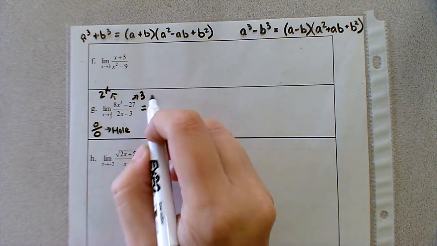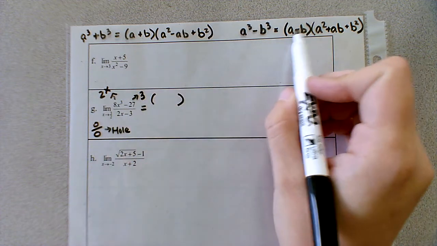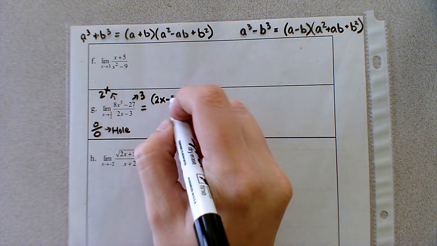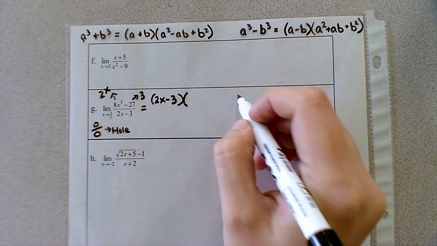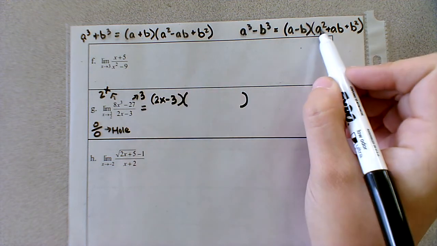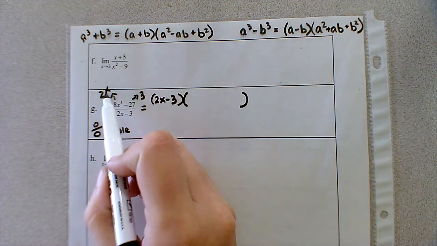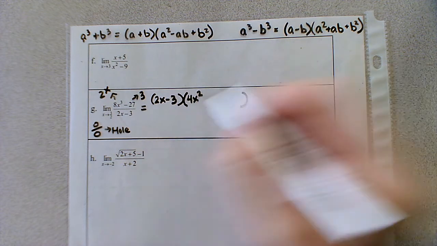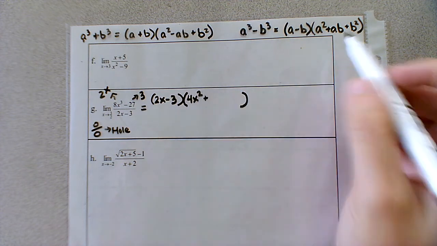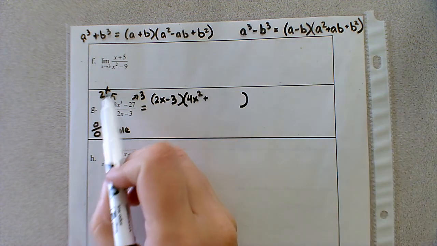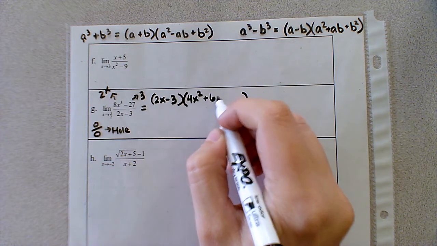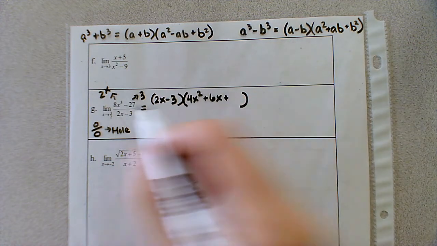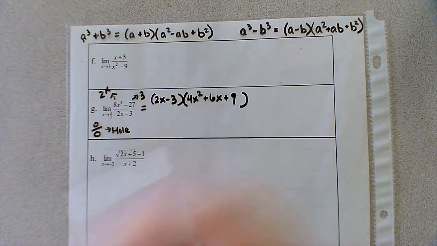In order to write our factors, our first factor is a minus b, so we can do 2x minus 3. And the other factor is a squared. So if I did 2x times 2x, that would be 4x squared. I then need to add ab, so 2x times 3 would be 6x. And then I need to add b squared, so 3 squared would be 9.